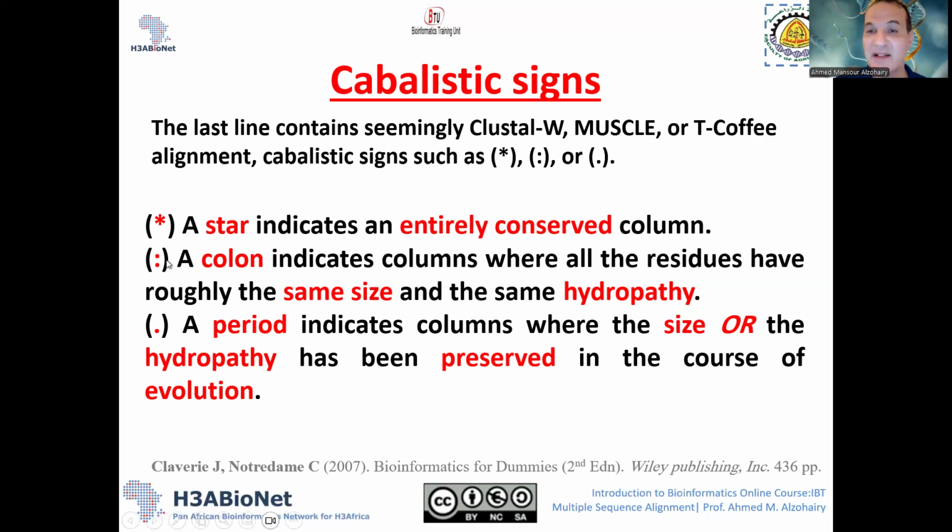And we have similarity based on hydrophobicity or same size. If you see the colon sign, this means that the amino acids in this column have the same size and hydrophobicity, both of them. But if you see only a period under this column, this means that this column contains amino acids that may have the same size or hydrophobicity, preserved in the course of evolution.